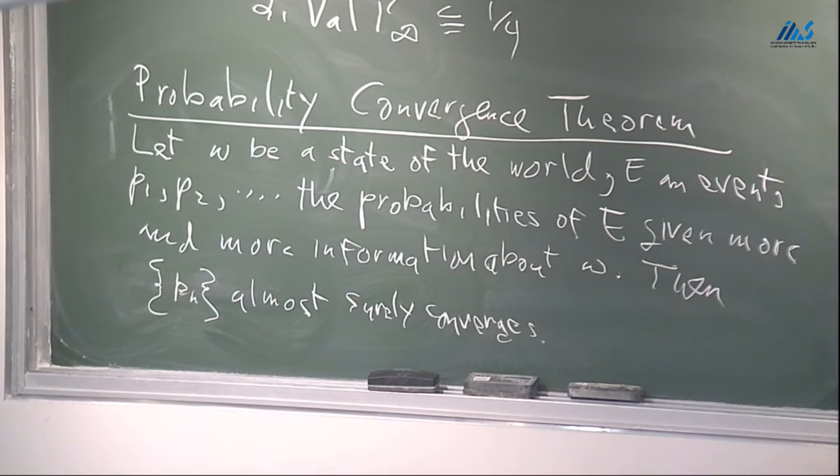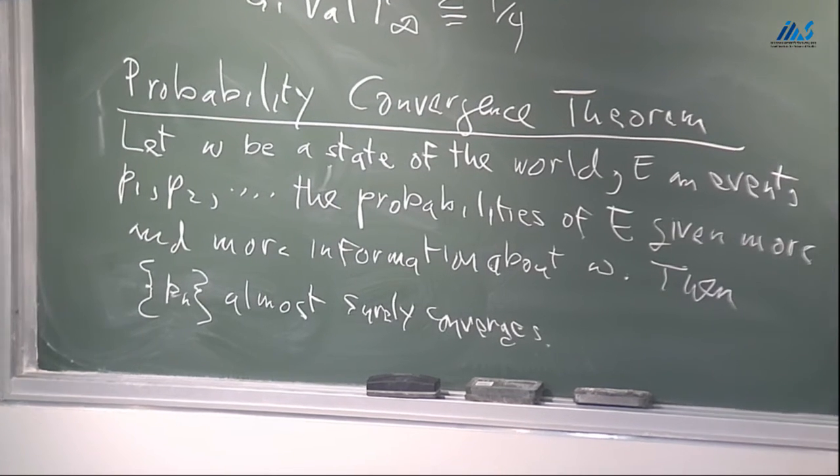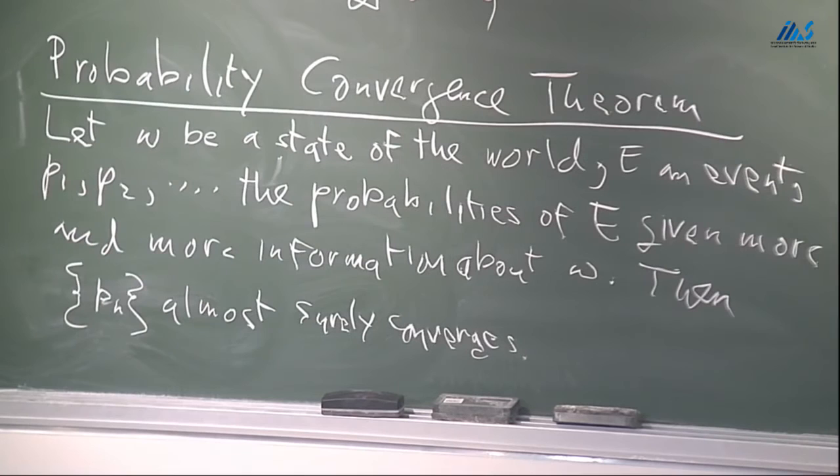Now, as time goes on, you get more and more information. These probabilities, because of the probability convergence theorem, must converge. Okay? So after a while, they are within a small distance of some fixed number. Let's say they converge to p infinity.